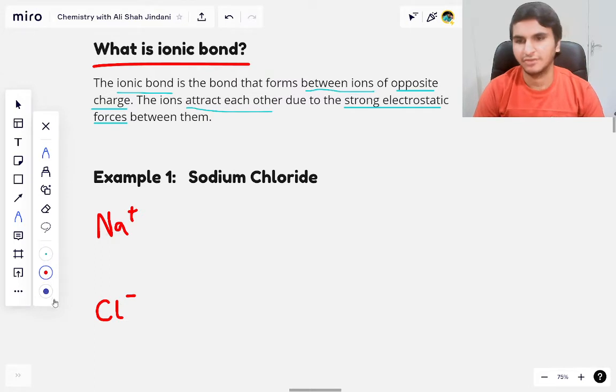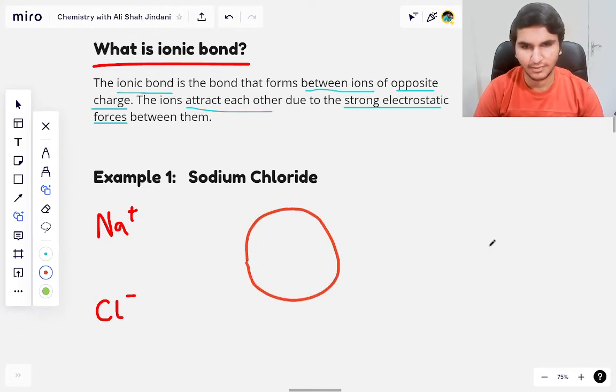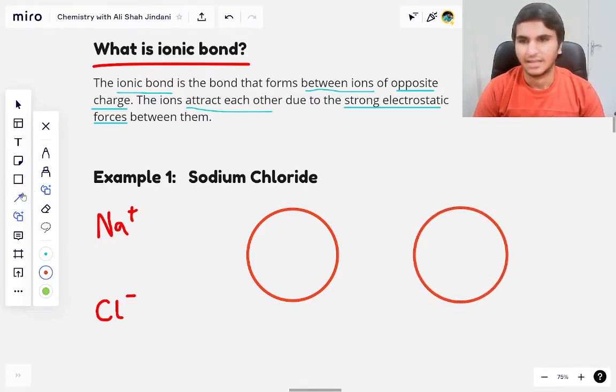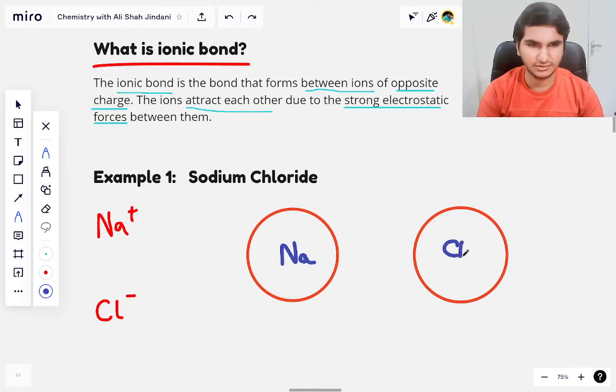So we already know about the charges, and it's now time to draw a diagram. So I'm going to make a circle right now, and another one for chlorine. And basically we are going to discuss how this ionic bonding works. So this is sodium, this is chloride.